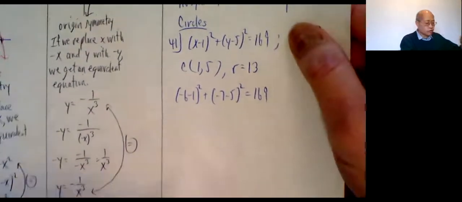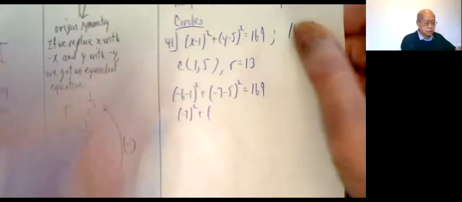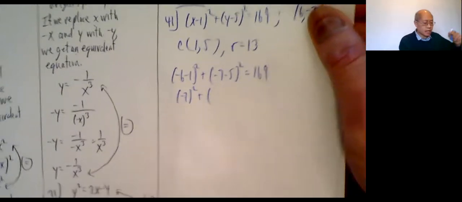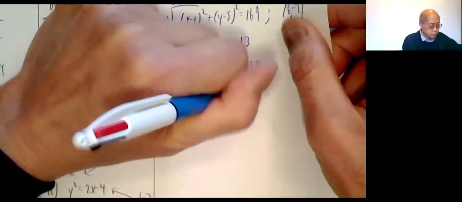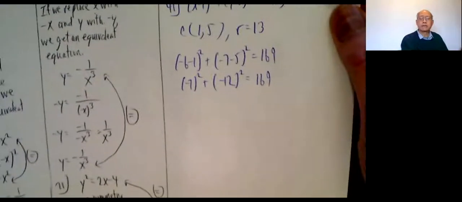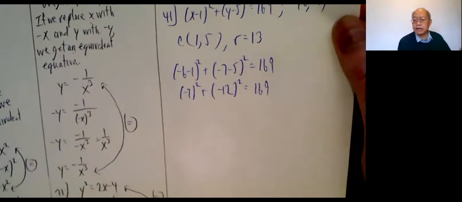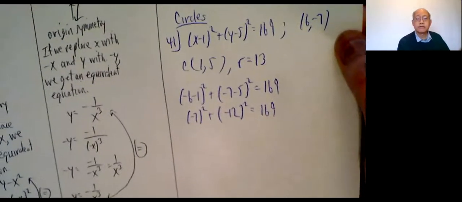So -6 minus 1 is -7 squared. -7 minus 5 is -12 squared. You can use your calculator. Okay. By the way, you can use your calculator on any quiz, test, homework, and so on.